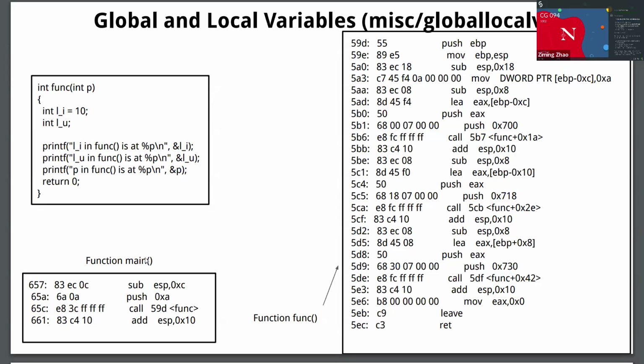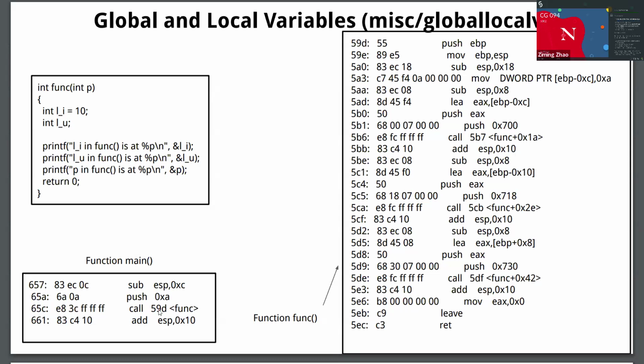So we have the main function, right? The main function calls func, and func has one parameter in this case, and that parameter in a 32-bit machine needs to be pushed onto the stack. That's why when main makes a function call to func, it uses the call func instruction.